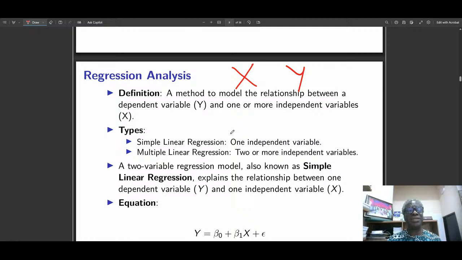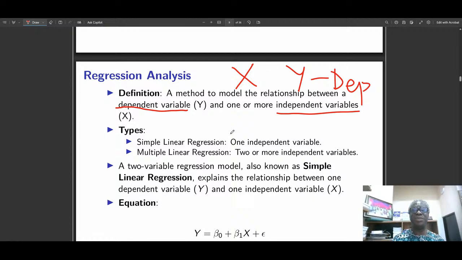So if x is the variable that is explaining y or that is influencing y, then we will say y is dependent. If x is the variable that is explaining y, then x will be called the independent variable.